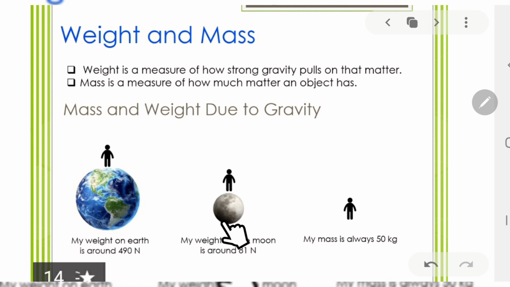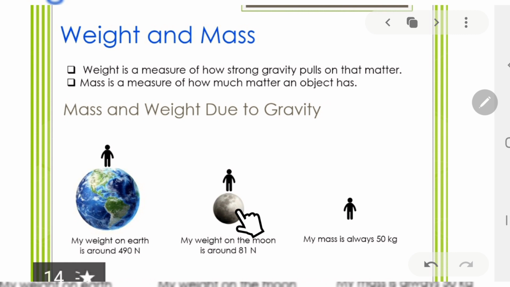So orang ni, kalau kamu tengok ada orang ni berada di bumi. So the weight on the earth is around 490 Newton. Beratnya 490 Newton orang ni semasa berada di bumi. Tetapi apabila dia berada di tengok yang sebelah ni, bulan, the weight will be around 81 Newton.